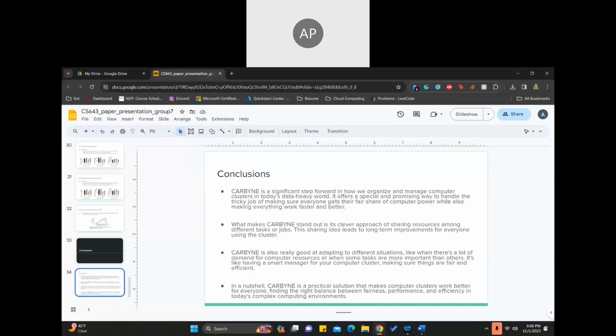In a nutshell, Carbyne is a practical solution that makes computer clusters work better for everyone. Finding the right balance between fairness, performance, and efficiency in today's complex computing environment is hard.